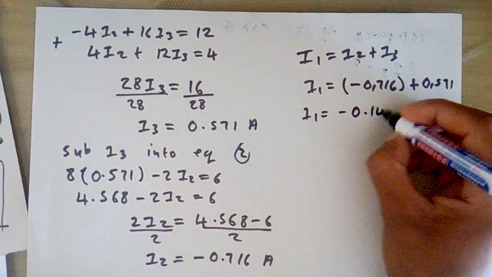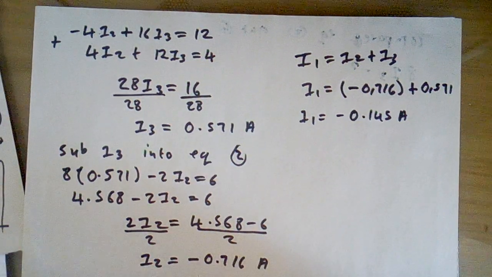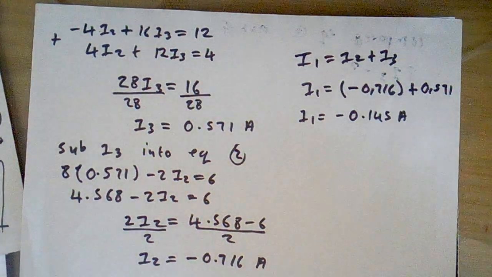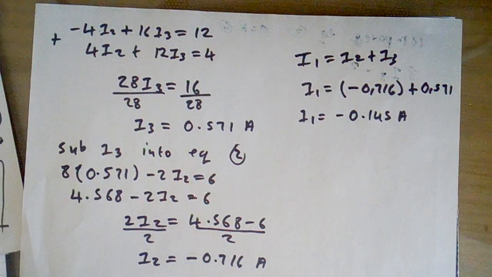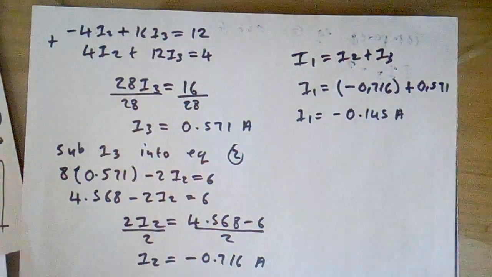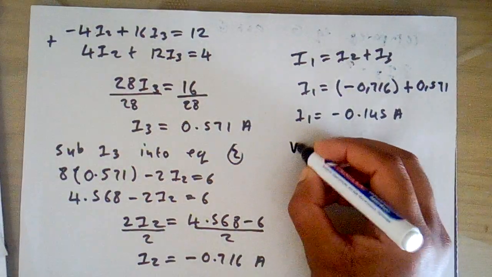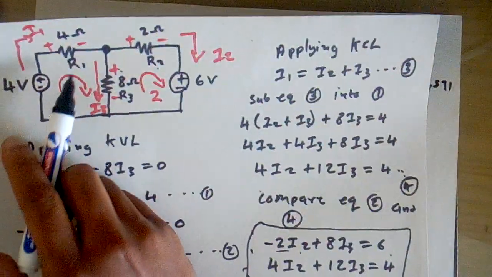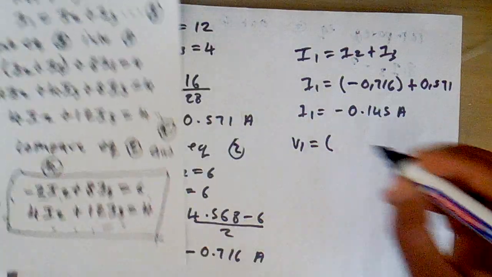Since now you have all the currents, I1, I2 and I3, you can just find the voltage in each resistor. V1 is going to be our current here, minus 0.145, multiplied by our resistor, which is 4.